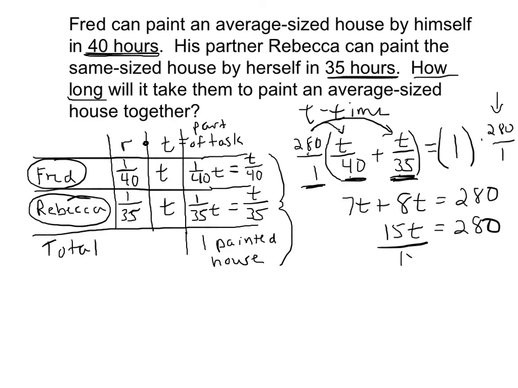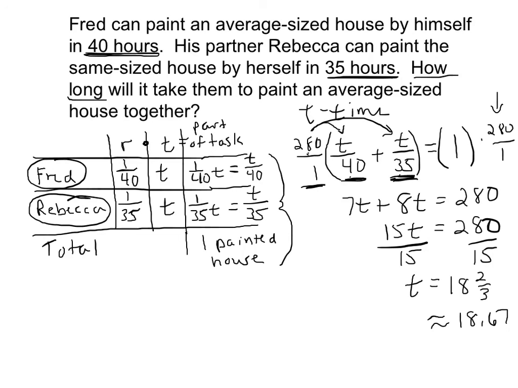And if I divide both sides by 15, I end up with t is equal to, it's not a really nice number. If you divide this out, you will end up with 18 and 2/3 if I use the exact value, or if I approximate here, I would get 18.67.